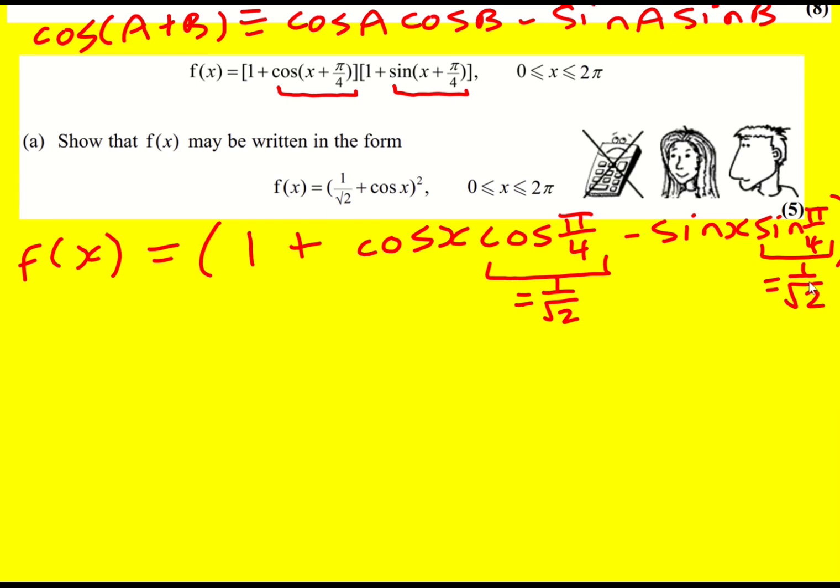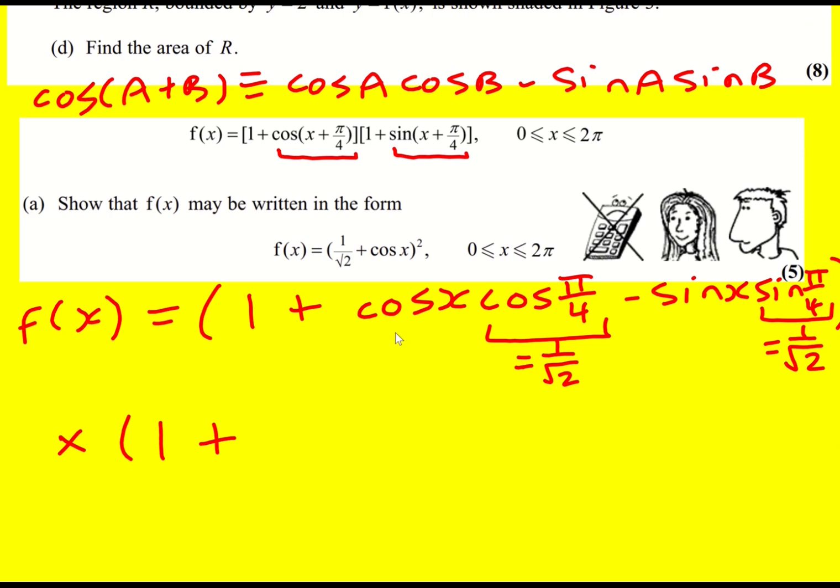And then I'm going to multiply by 1 plus, okay, we've got another addition formula. I can fit it in here.